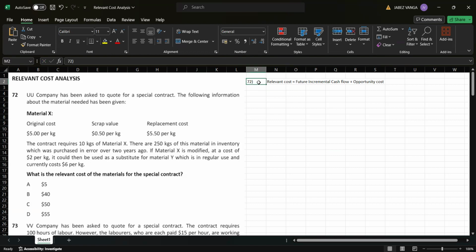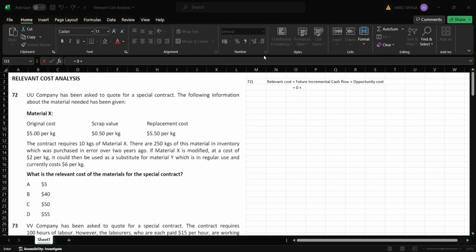So for question number 72, do we see that there is any future incremental cost? There's nothing, because the material is already available. There is no future incremental cost. It is zero. But we do see that there is an opportunity cost, that they would be able to save $6 per kg, but that is a possibility only after spending $2 per kg. So technically speaking, the cost savings are to the extent of $4.